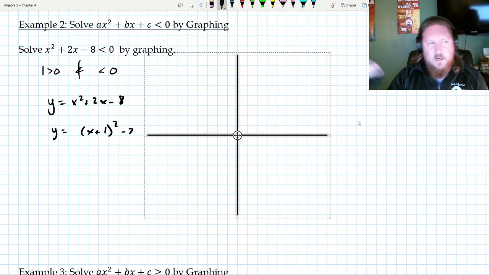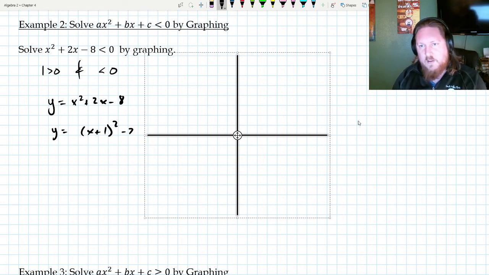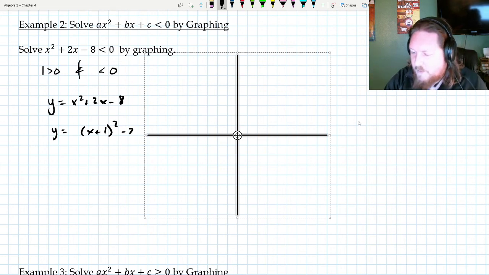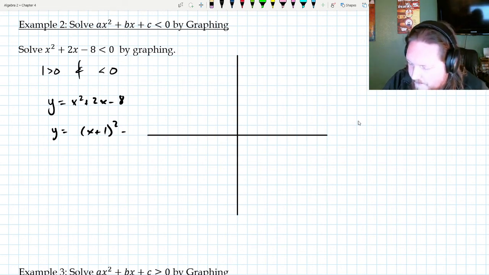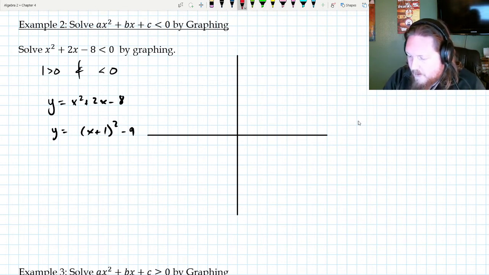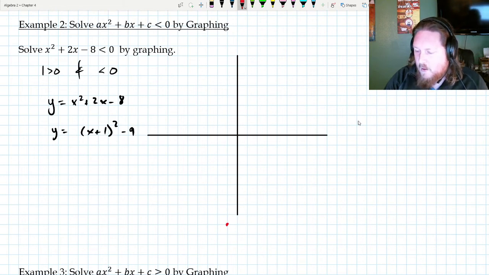You can double check it. Take 2, divide it by 2, square it, it's 1. Oh wait, no, we add 1, so we subtract 1, that actually should be minus 9. So negative 1, negative 9. The y-intercept is negative 8.